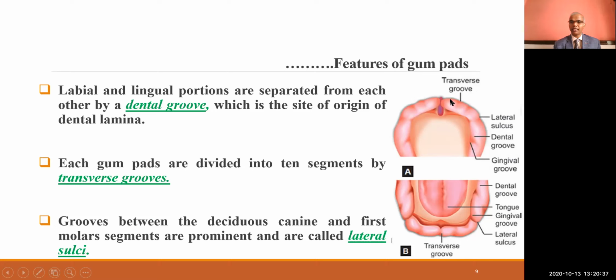Each segment contains a tooth bud of the deciduous dentition. Since there are 10 teeth in each arch, there are 10 segments in each maxillary and mandibular dental arch. The groove between the deciduous canine and first molar is more prominent, and it is called the lateral sulcus.